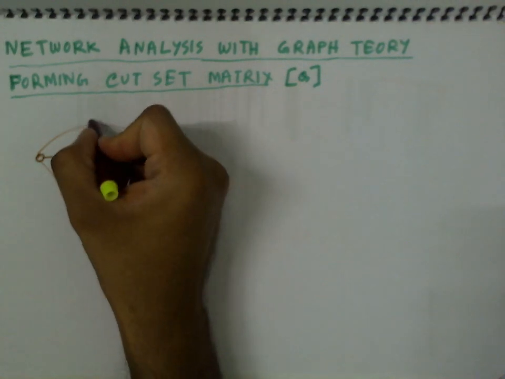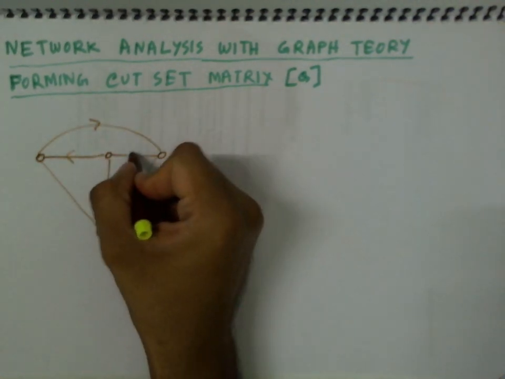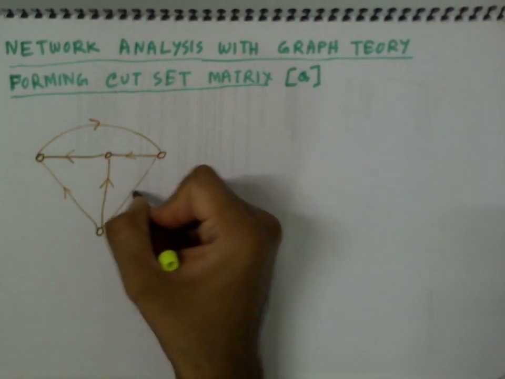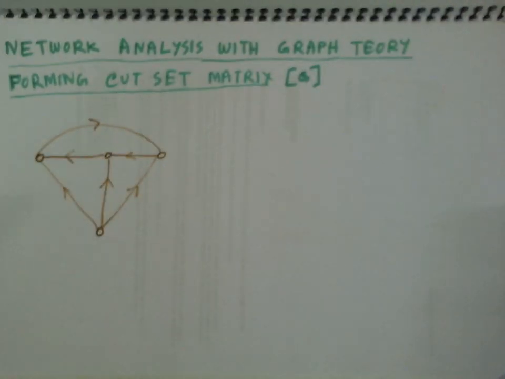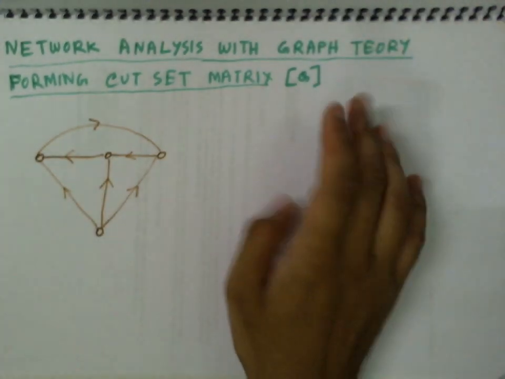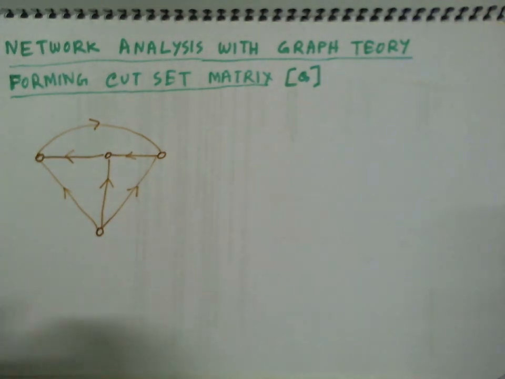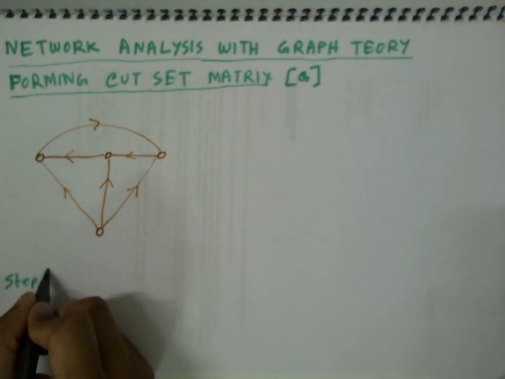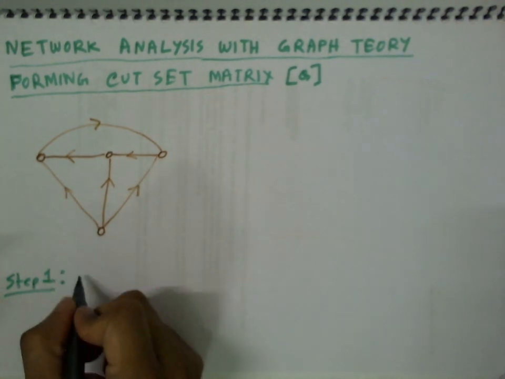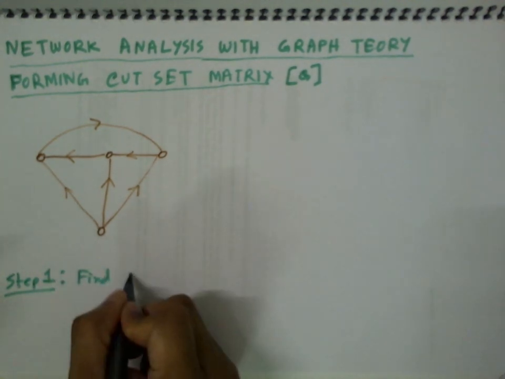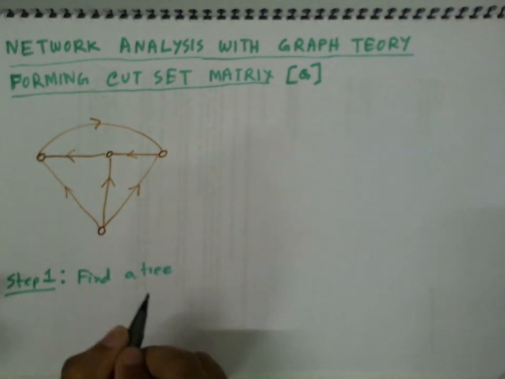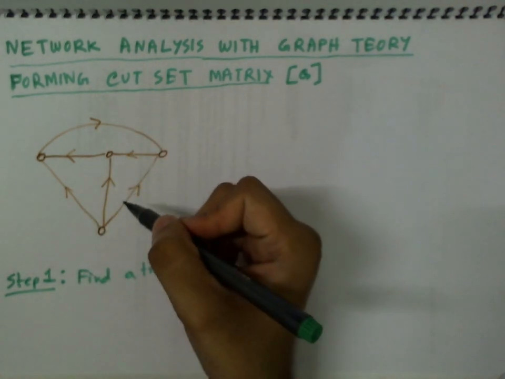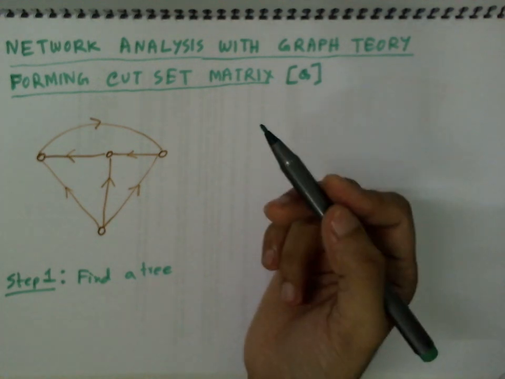And then I choose the reference currents arbitrarily in these edges. Okay, cool. The goal is to form a cut set matrix Q. For that, step 1 once again is to identify a tree. Identify a tree in this set, any tree you like.